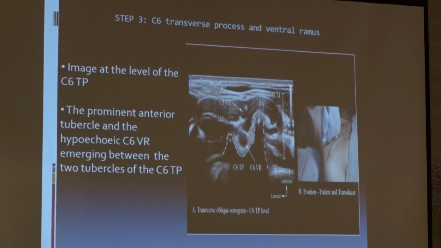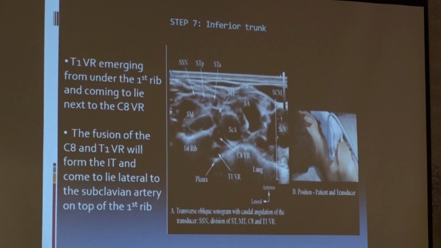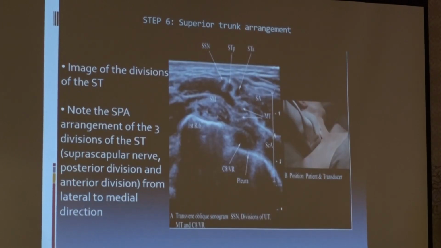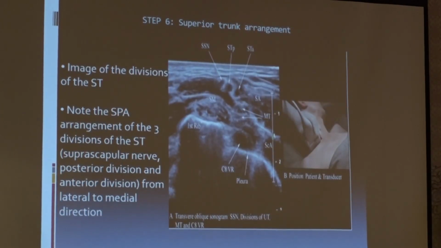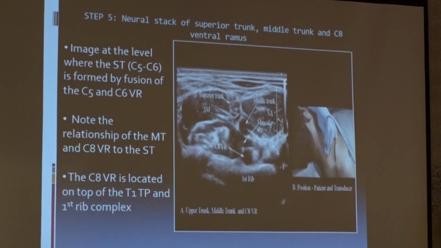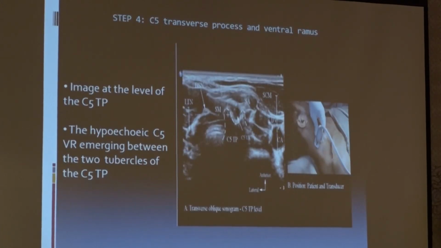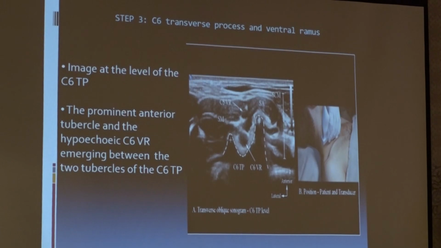C6 transverse process has this prominent anterior tubercle, and it's higher and taller compared to the posterior counterpart. C6, okay, and the hypoechoic C6 ventral ramus is emerging between the two tubercles of the C6 transverse process.